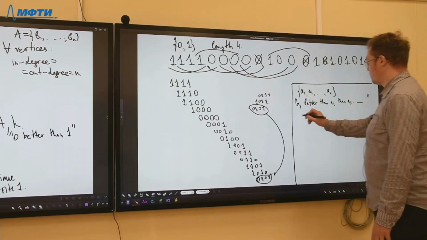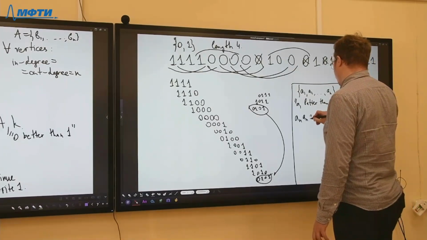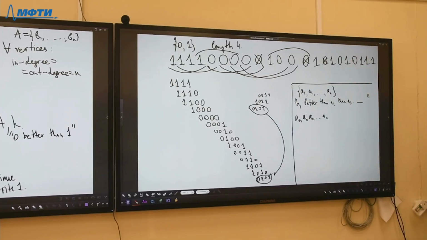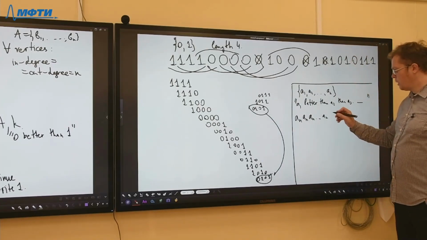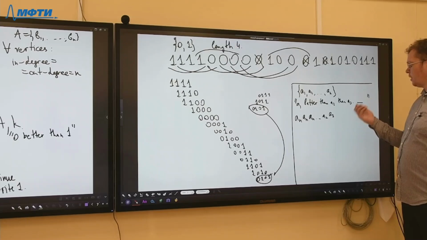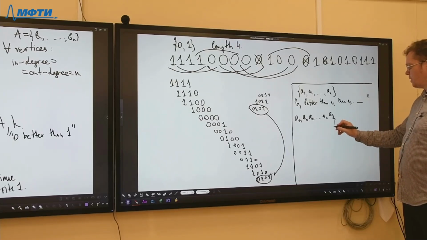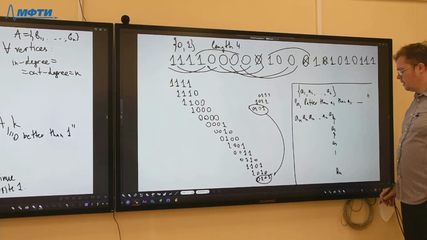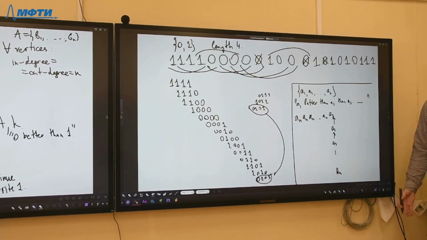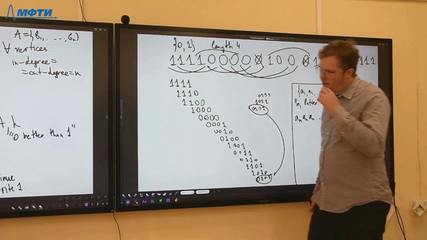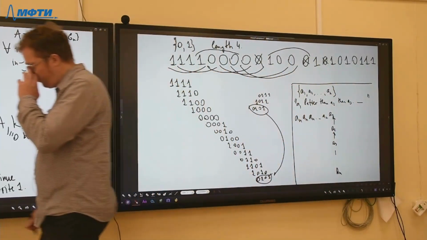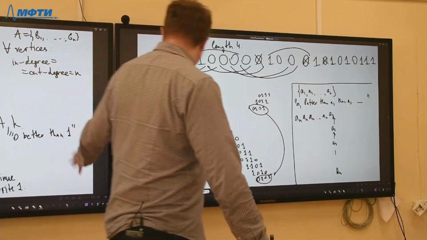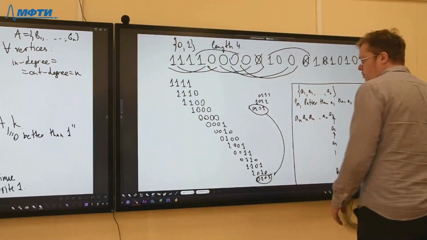We start from the sequence of all AN, and then we try to add A1. If we cannot add A1, we try A2, A3, and so on until AN. And if you wrote all the sequence, then the proposition is that using this algorithm we will get the De Bruijn sequence.